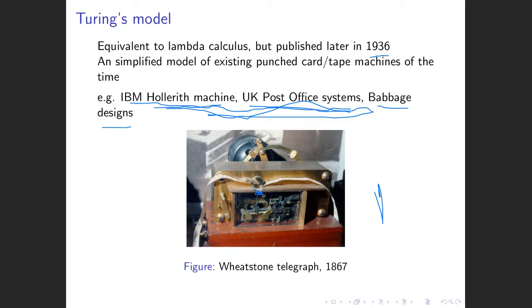So, like this Wheatstone telegraph device, Turing's model simplifies the whole idea of memory down into a single paper tape. Okay, and each point on the tape contains a binary symbol, a 1 or a 0. That could be represented as a punch in the tape? Actually, not very easily, because the machine's required to update the symbols by writing ones and zeros. So it's actually quite hard to fill in a hole on a tape.